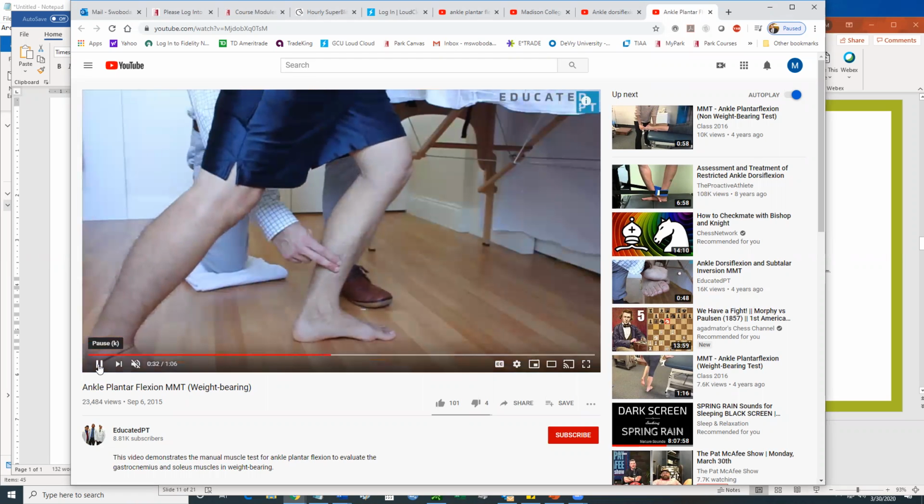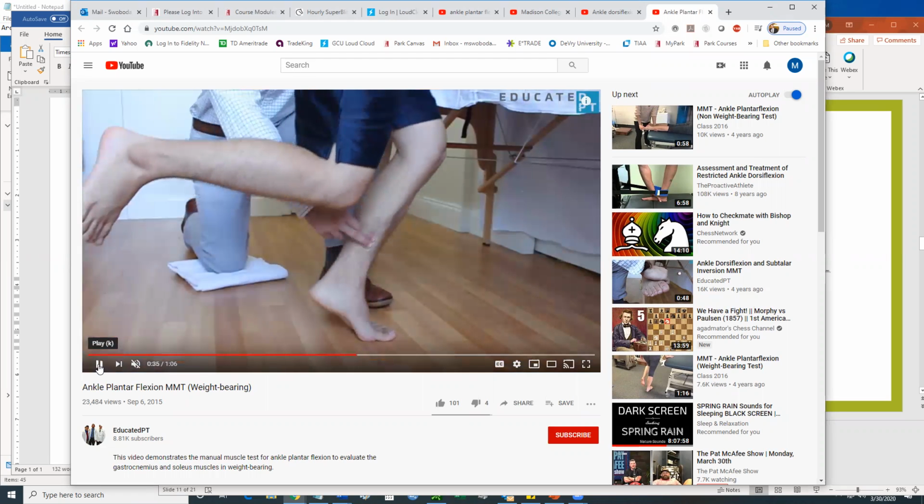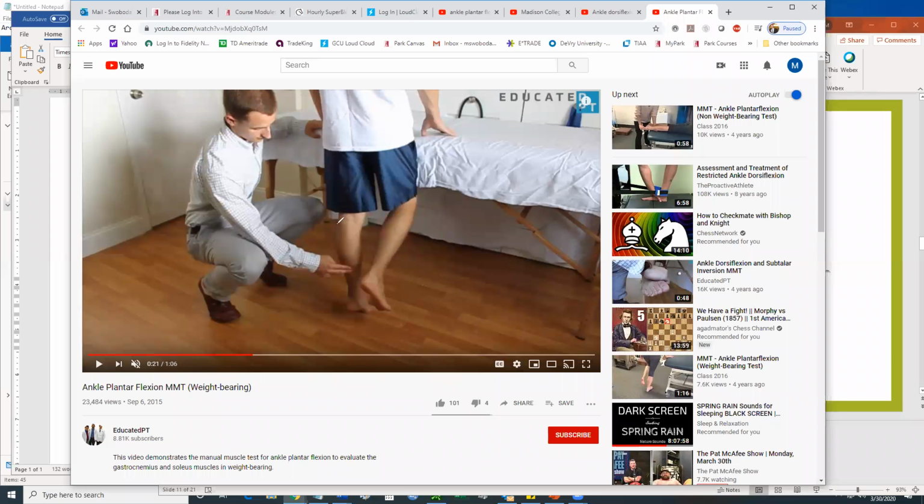Now, what he's doing here is showing how to differentiate between gastrocs and soleus. If you notice in this first movement, his knee is locked out. Obviously his right leg is bent, but he's had that in the air, so that doesn't matter. His left leg has his knee locked out.